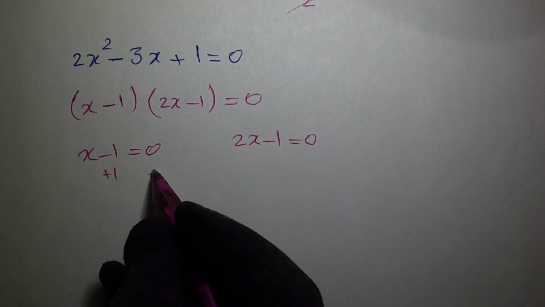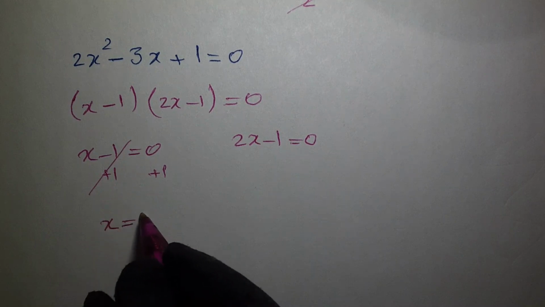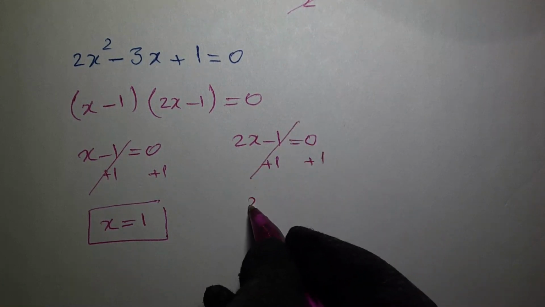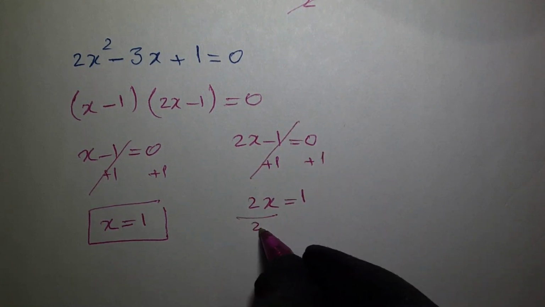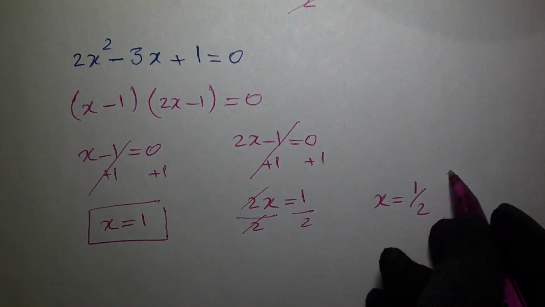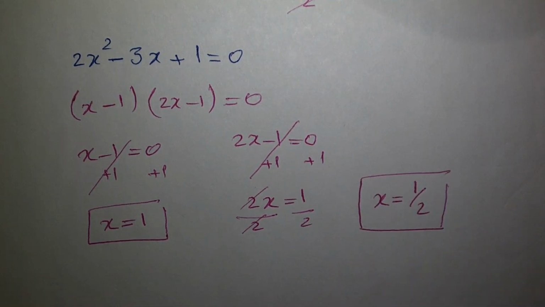Solving these two linear equations, one solution is 1. If I solve the second equation, 2x equals 1, divide both sides by 2. The second solution is 1 over 2. So we solved this equation by factoring and we have two solutions, x equals 1 and x equals 1 over 2. Now you should be able to solve any quadratic equation that you are able to factor by the factoring method.